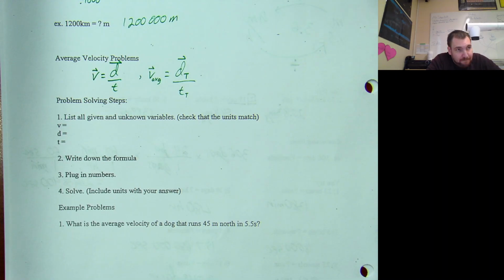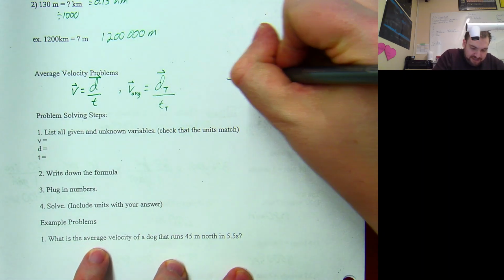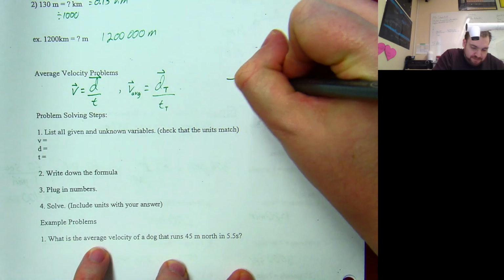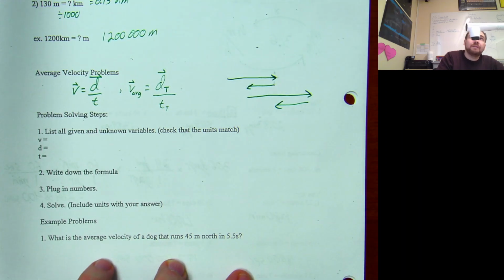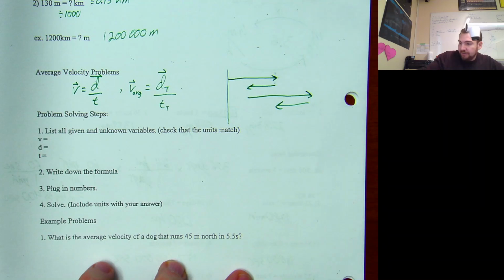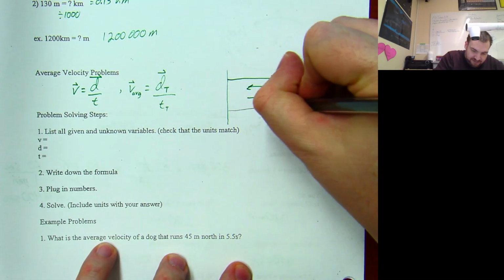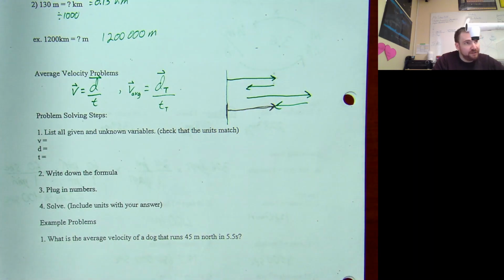Okay, cool. So let's do an example. I don't give you one as gross as I could. But like I said, if the question was this displacement in this amount of time, and then this displacement in a different amount of time, and so on, your final displacement is always your final position minus your initial position. Because this is where you started, that would be the direction of your final displacement.